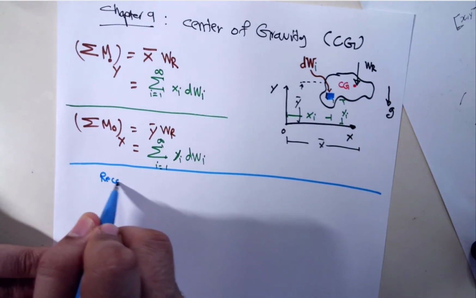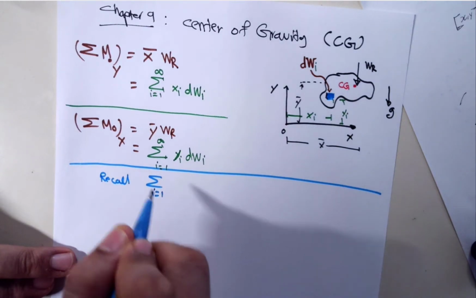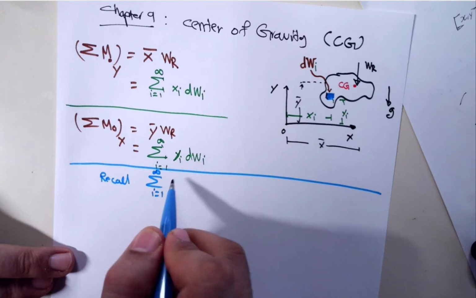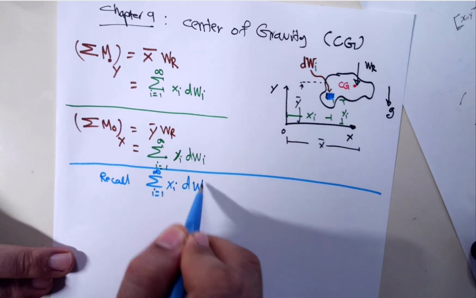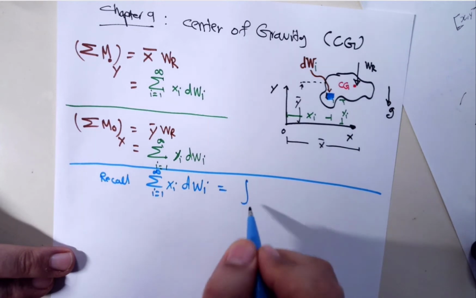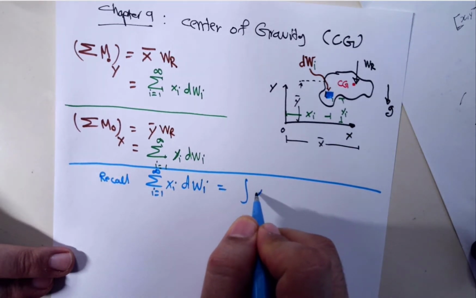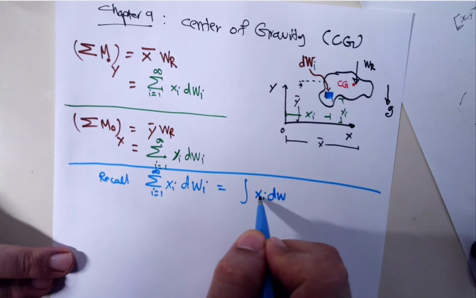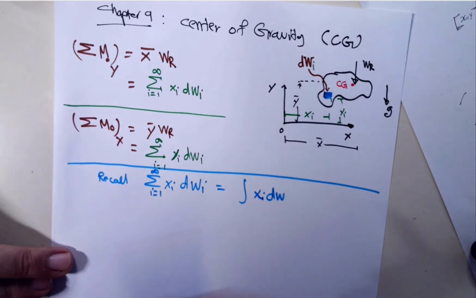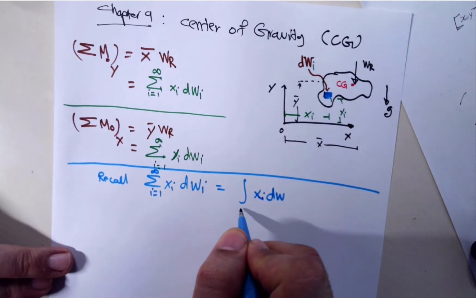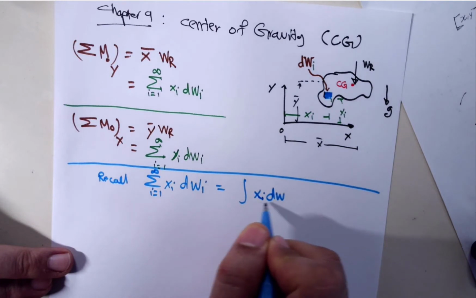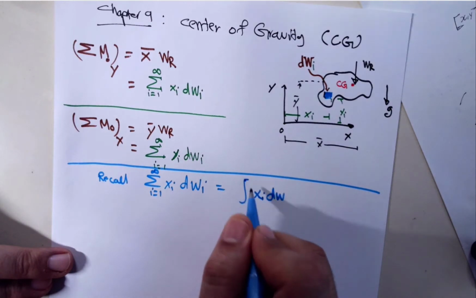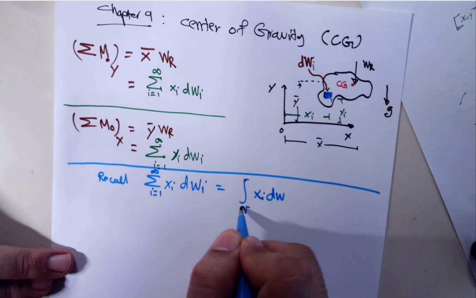Recall, the summation from i equal to 1 to infinity of a function xi dWi is in fact equal to the integral of xi dWi, or without the i's, x dW. This is an integration of the weight, so the boundary here is the volume.